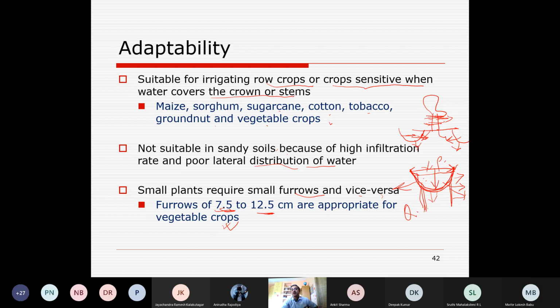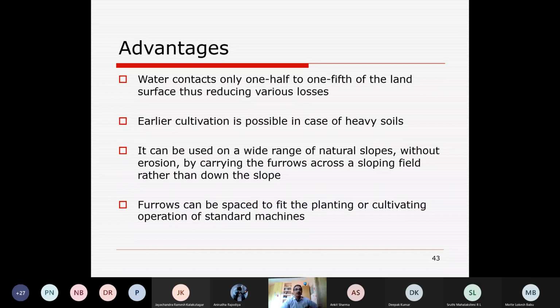What are advantages of furrow irrigation system? Water contacts only 1/2 to 1/5 of the field. This is the total field. We have furrows, so only half of the field is wetted, as you can see in the figure here. One row, one furrow, one row, one furrow.